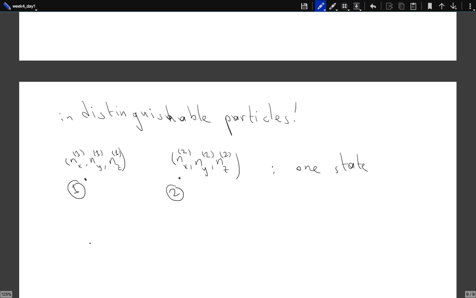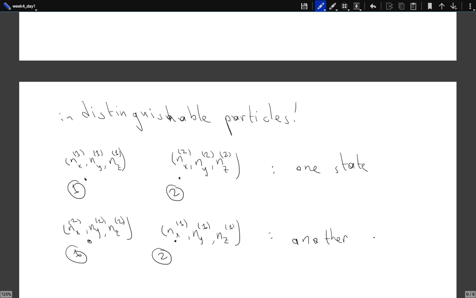And now we have another state. I say here I have particle 1, and here I have particle 2. Now particle 1 has the quantum numbers nx2, ny2, and nz2, and particle 2 has the quantum numbers nx1, ny1, and nz1. This is another state. That is, classically we can separate these particles.